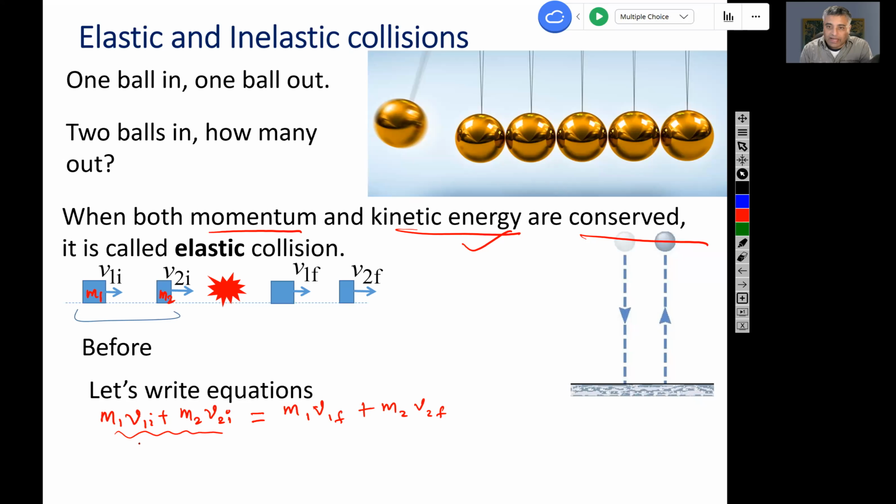Now, how about kinetic energy? So rather than writing momentum, I need to write kinetic energy, which is half m v squared, right? That's all. So half m1 v1i squared, so that's the initial kinetic energy of mass m1. And I repeat that.